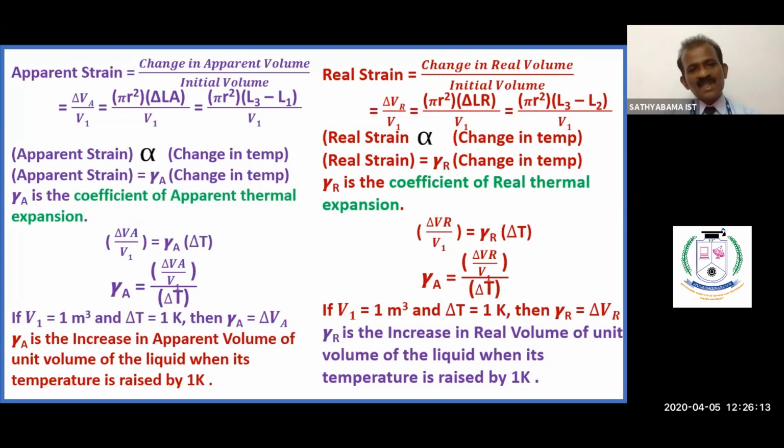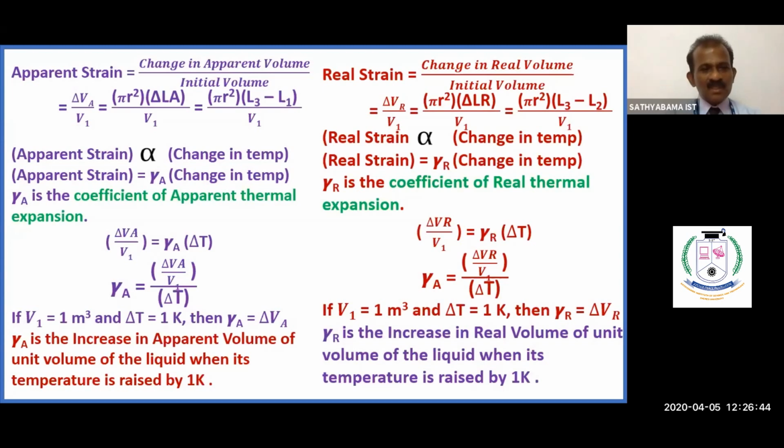Then apparent strain is directly proportional to change in temperature. Similarly, real strain is also directly proportional to change in temperature. Introduce the constant of proportionality, like gamma A and gamma R, the coefficient of apparent thermal expansion and the coefficient of real thermal expansion. Using that formula, finally we can define these two coefficients with the assumption that initial volume is unit and change in temperature is also unit.